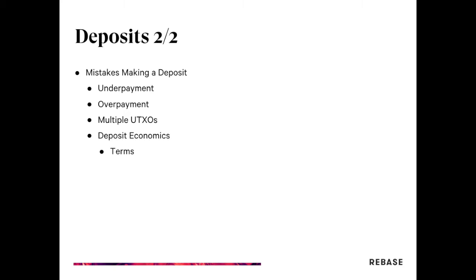So if you've noticed you've overpaid, which probably won't happen because you're likely to be using a UI which standardizes everything, or at least I will be, what you should do is quickly try to burn and reclaim your Bitcoin.